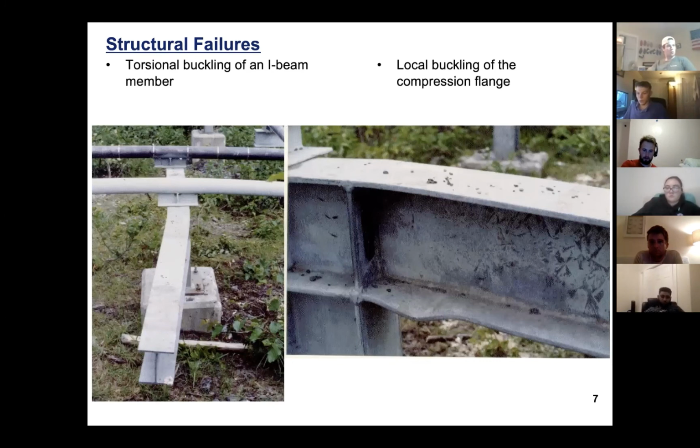Buckling can occur everywhere. And in this case, is what we call torsional buckling for beam elements. You can see that the torsional buckling, this is also what we call lateral torsional buckling, is associated with the excessive bending on the flange of the beam, as well as the warping deformation on the web of the beam member.